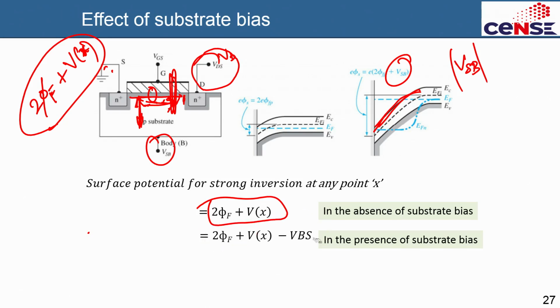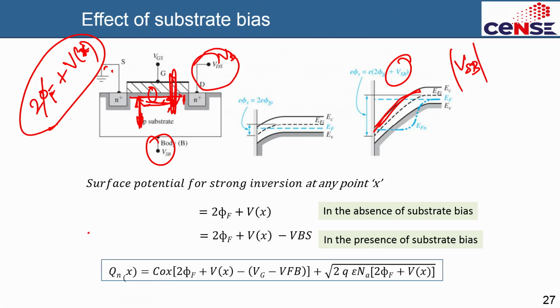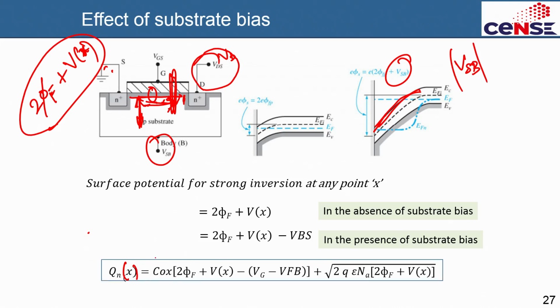So, now you solve the, okay, because of some formatting issue it has come out like that. This is again VFB essentially, and this is a superscript here, Cox superscript here, anyway. This is the total charge that will be there in the channel at any point x. We have derived this expression previously, but here there will be one extra term. This is the expression that we had derived previously in the absence of body bias.